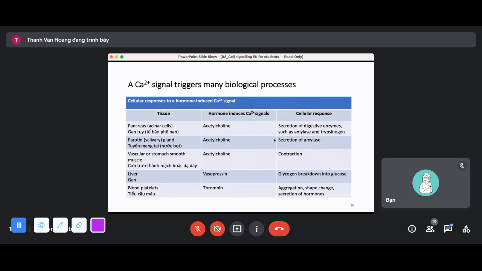For example, acetylcholine affects the pancreas to secrete digestive enzymes, or the salivary gland cells to secrete amylase, or induces contractions in the stomach smooth muscle, or in the liver cells, it induces glycogen breakdown into glucose. And you can see how all the stuff that we're learning here now comes together.